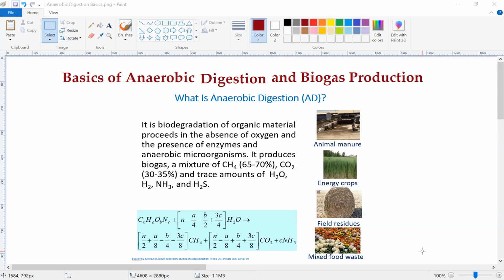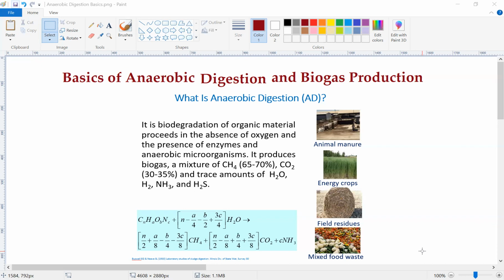Anaerobic digestion is a biochemical process or biodegradation process where organic material can biodegrade in the absence of oxygen. And of course, there are some enzymes and microorganisms here, mainly bacteria and archaea.